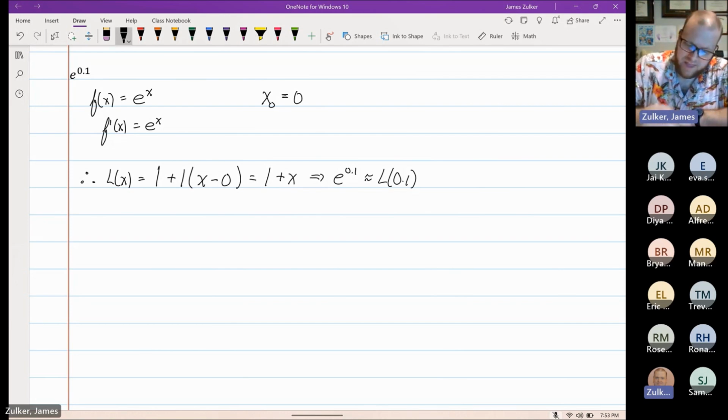All right. Then e to the 0.1 is going to approximately be L of 0.1, which is 1 plus 0.1.